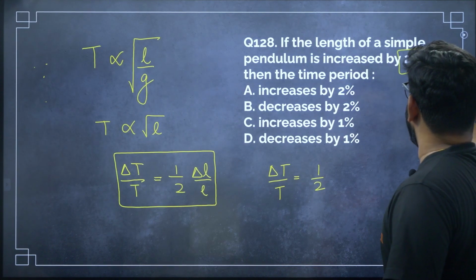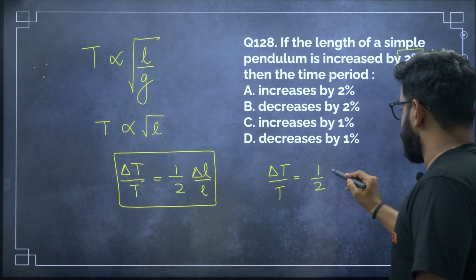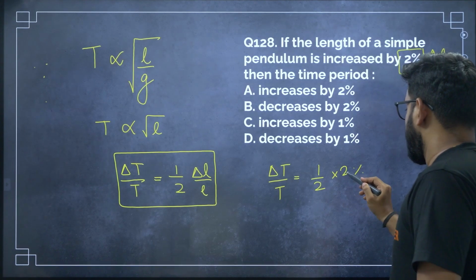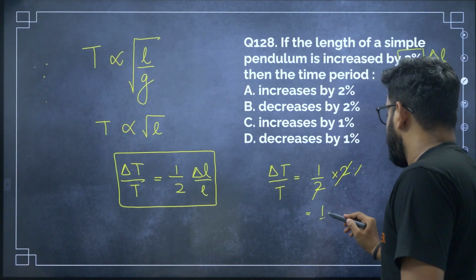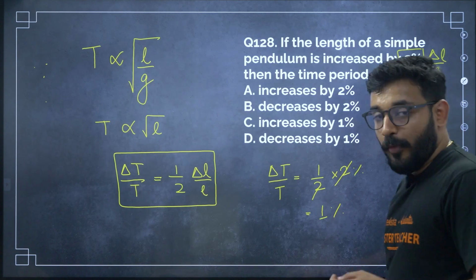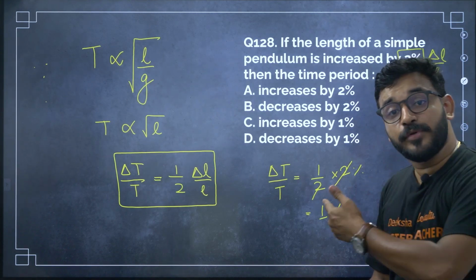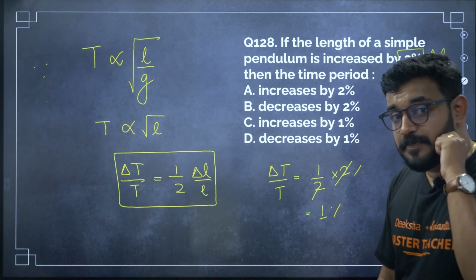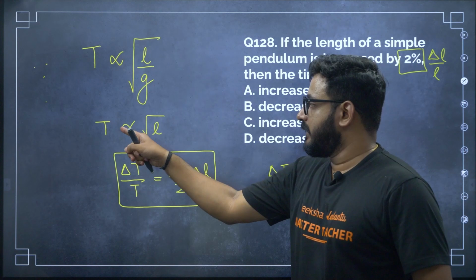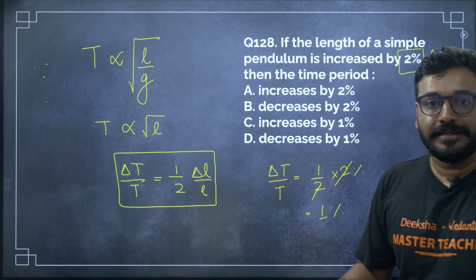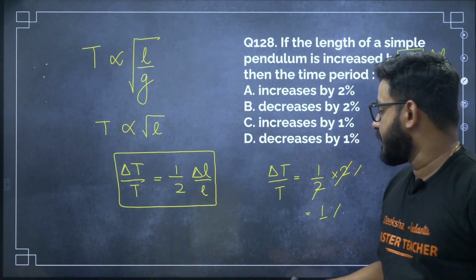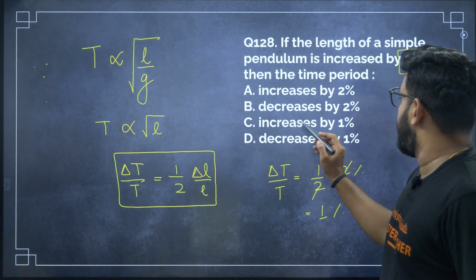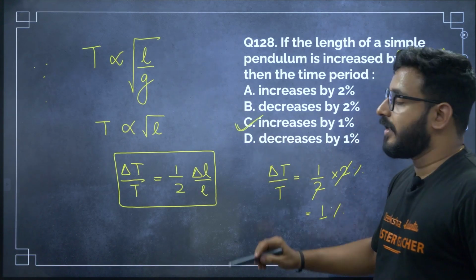When you substitute this, ultimately the answer is 1%. And it's a positive value, so it is increasing. If it was a negative value, it would decrease. They both are directly proportional, right? So if length increases, the time period also increases. So it is increasing by 1%. The correct answer is option C.